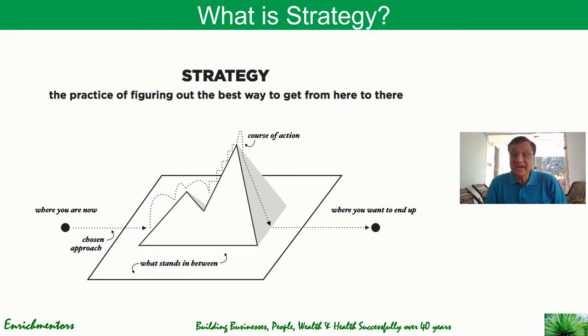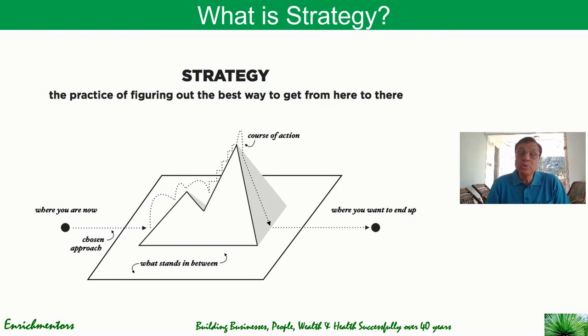Another good way to look at strategy is that again you have where you are now on the left-hand side, and on the right-hand side where you want to end up, and there is something in between that is standing in the way. In the previous example, where we were before 1947 was as one of the countries governed by the British Empire, where we wanted to be was an independent nation, and the obstacle was the rule of the British in India. That is what stood in between.